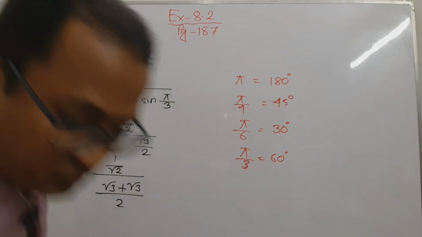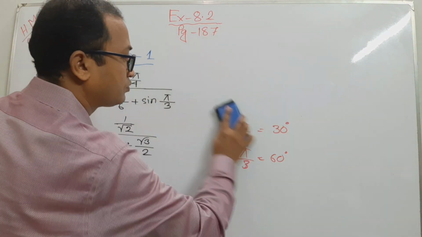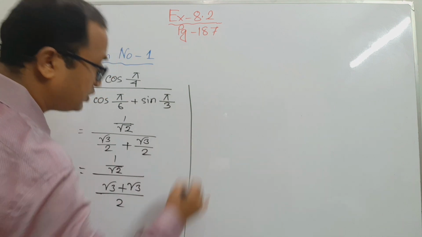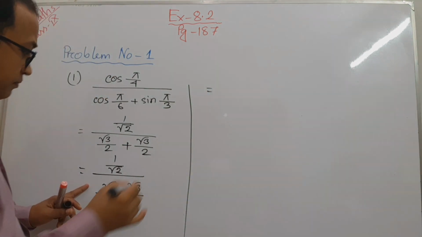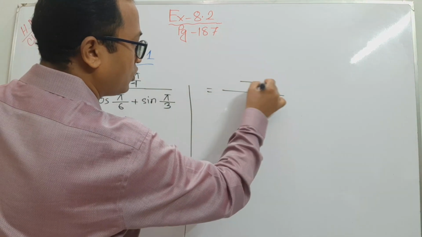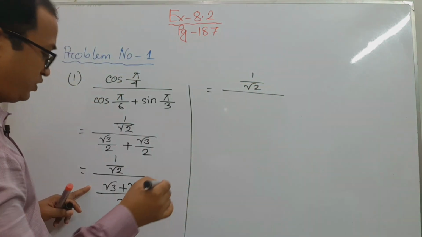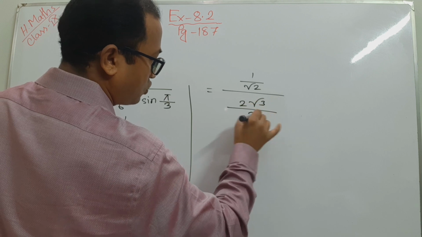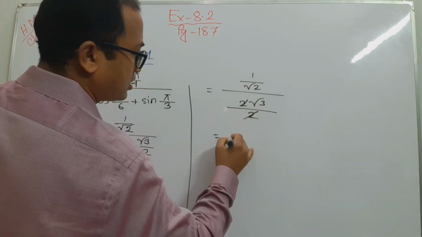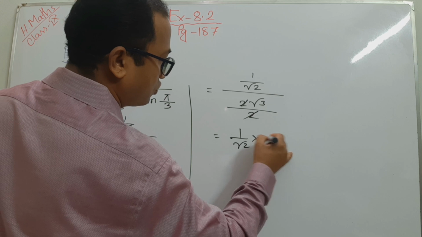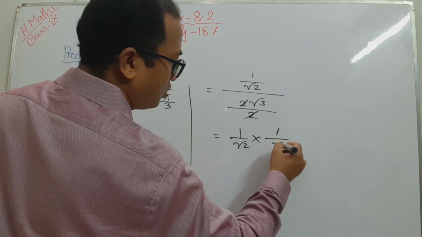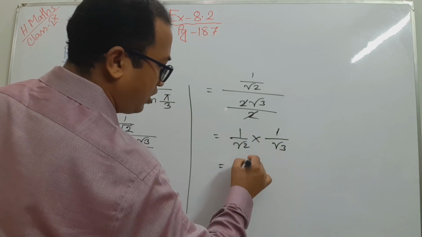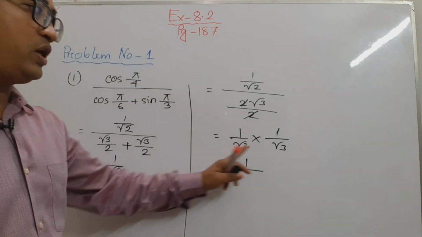After that, it will be 1 by root over 2, 2 root over 3 by 2, 2 cancel. This is 1 by root over 2 into 1 by root over 3. If you multiply these two numbers, it will be 1 into 1 over root over 2 into root over 3.